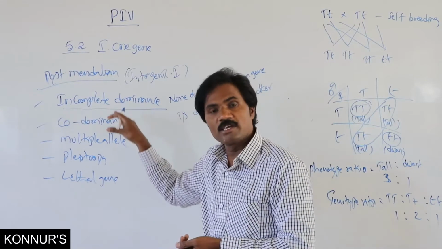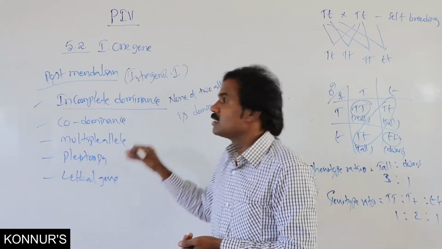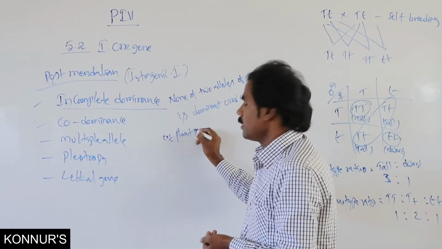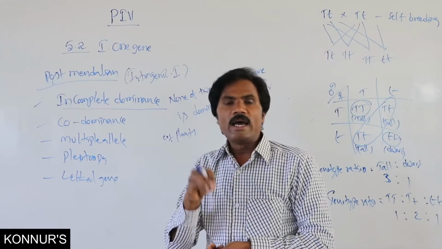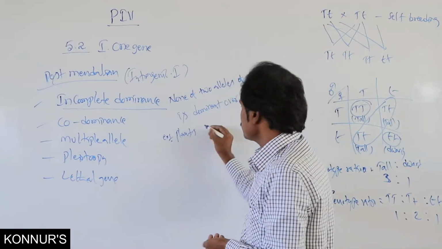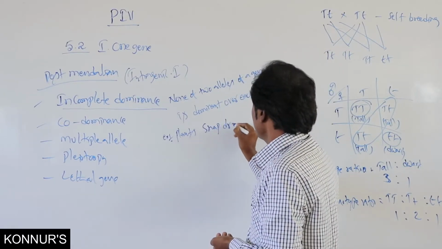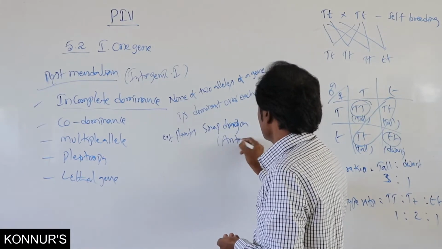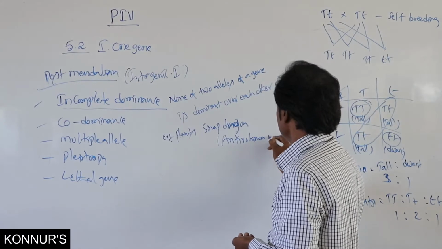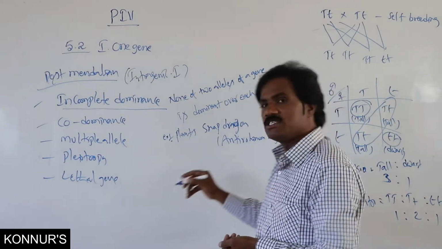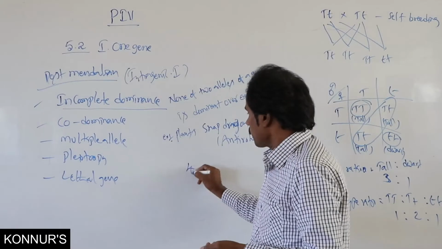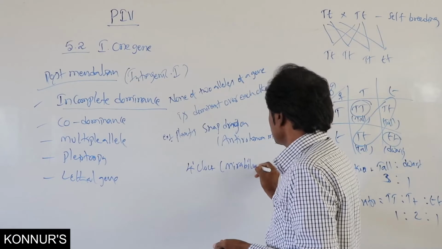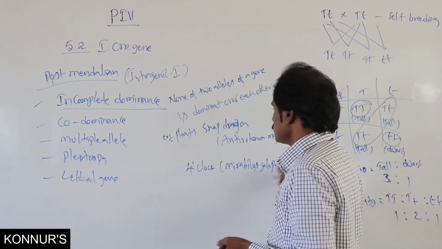This was also explained by Correns. Here they have taken examples from plants: Antirrhinum majus, snapdragon, as well as the four o'clock plant, Mirabilis jalapa.